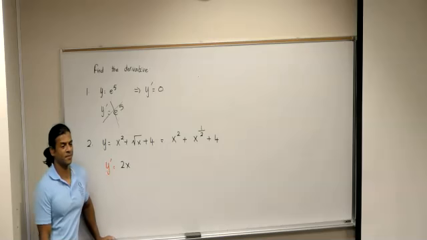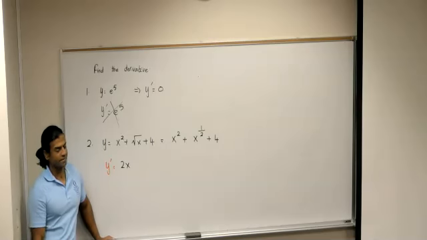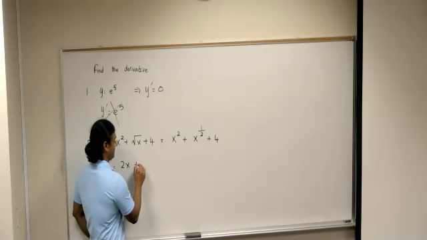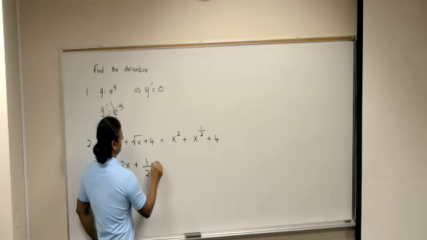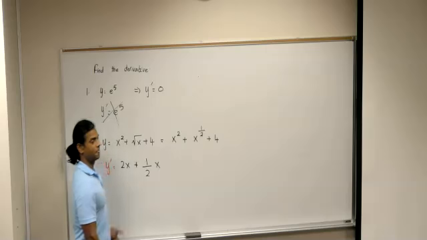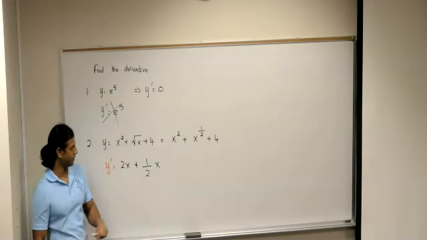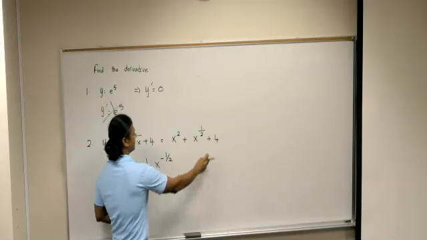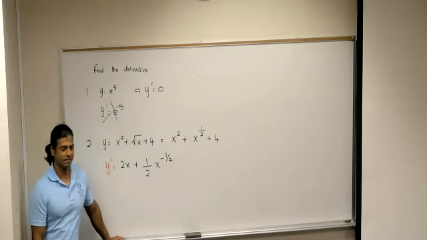Derivative of x raised 1/2: the 1/2 goes in front of it, and then the power decreases by 1. What is 1/2 minus 1? Negative 1/2. Derivative of 4 is 0.